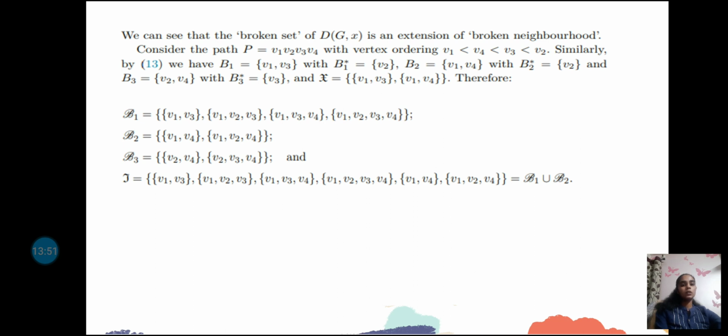Consider the path P = v1 v2 v3 v4 with vertex ordering v1 < v4 < v3 < v2.